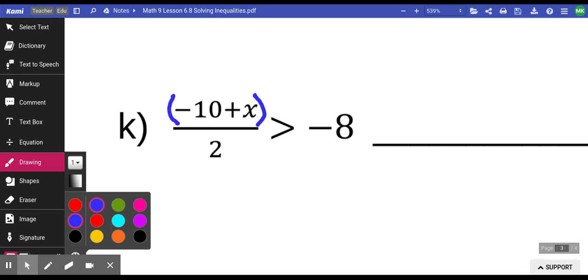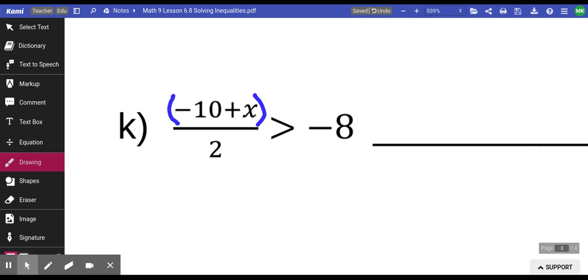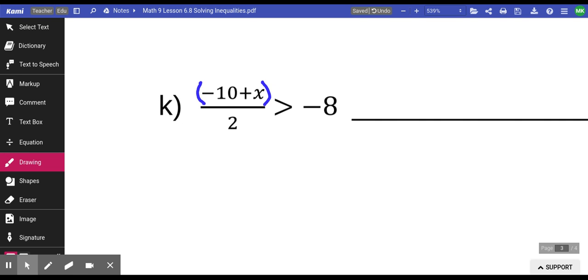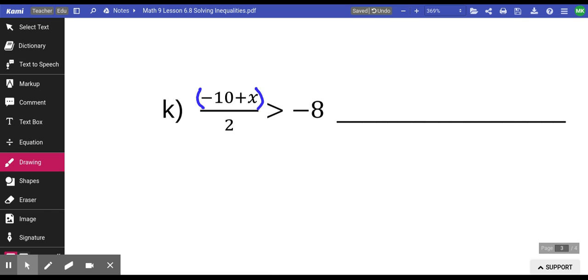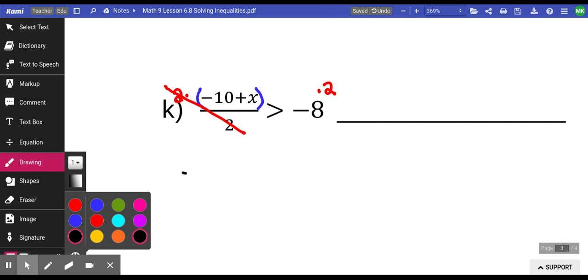So we actually have -10 plus x in brackets divided by 2. We don't move brackets until our last step. So to start this question off, we actually have to get rid of the 2. And the way we get rid of the 2 is by multiplying both sides by 2 so that it cancels. And I now have -10 plus x is greater than -16.